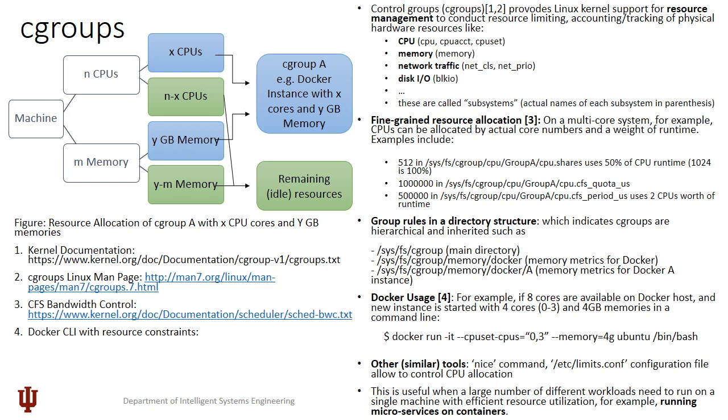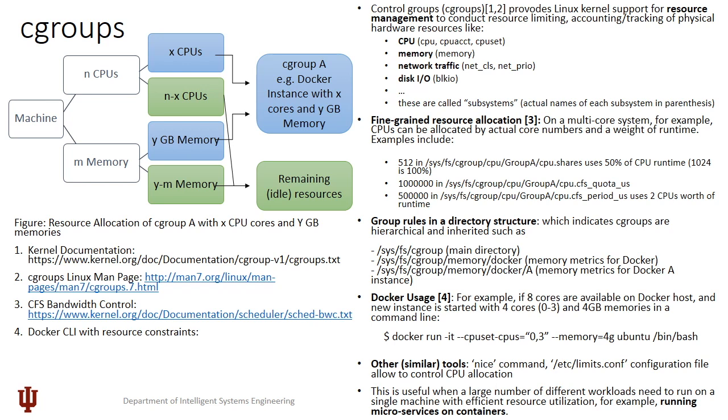The rest of the resources remain in an allocatable pool. So this means that I can use the groups, which are organized in some directory structure, to manage my resources on the computer, and that is utilized by the containers, allowing the container to essentially isolate access to the resources on that particular machine.